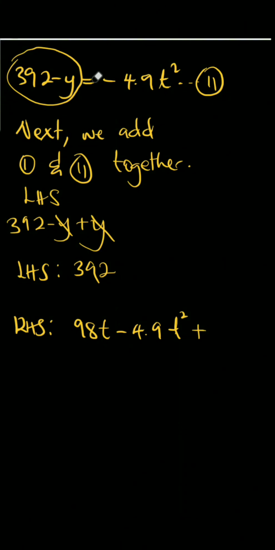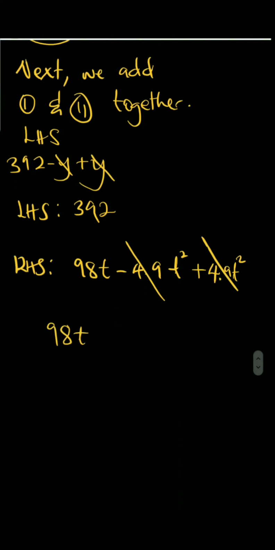It is supposed to be positive because this is moving in the same direction as gravity, so it's plus 4.9t squared. Sorry for that error. Now the positive and negative 4.9t squared cancel because they are the same, leaving us with 98t on the right hand side.